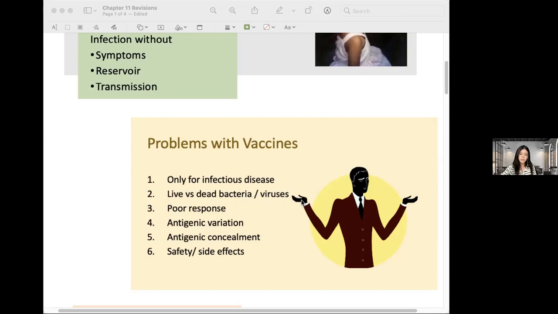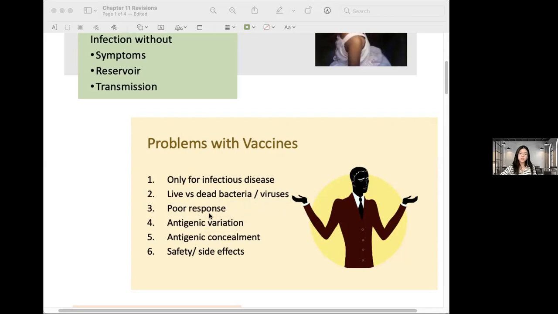Live vaccine is more effective because living microorganisms can multiply in the body, so antigen is continuously being produced, so there will be more memory cells. While for dead bacteria or virus, the APC, the antigen presenting cell, cannot present antigens from that virus. Therefore, the immune system cannot be activated.